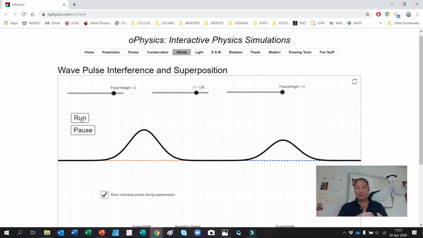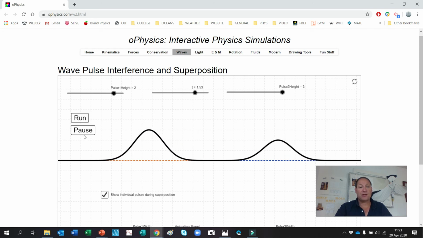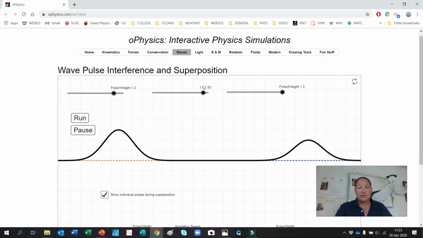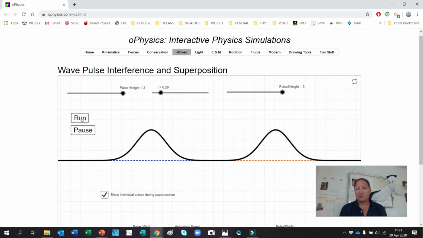But let's imagine the two lumps of water are now on top of each other, so you've got much higher water. And if you make both pulses maximum height, then you're going to get a much bigger wave.